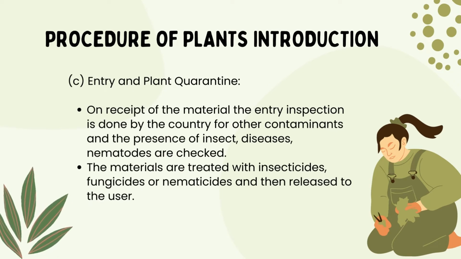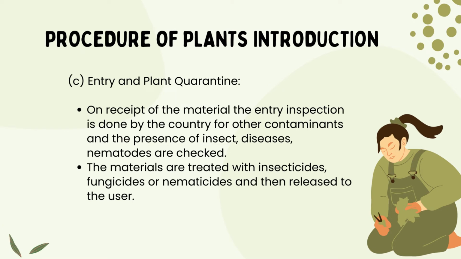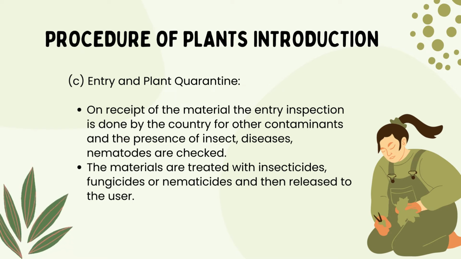On receipt of material, entry inspection is done by the country for contaminants, and the presence of insects, disease, and nematodes is checked. The material is treated with insecticide, fungicide, or nematicide and then released to the user.